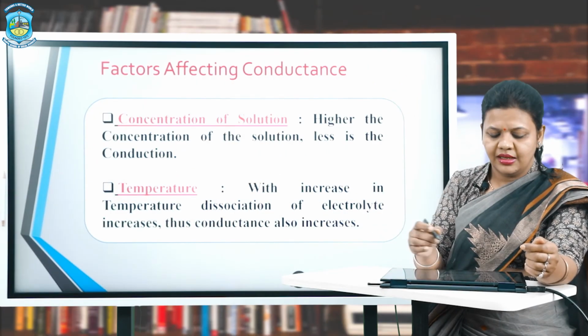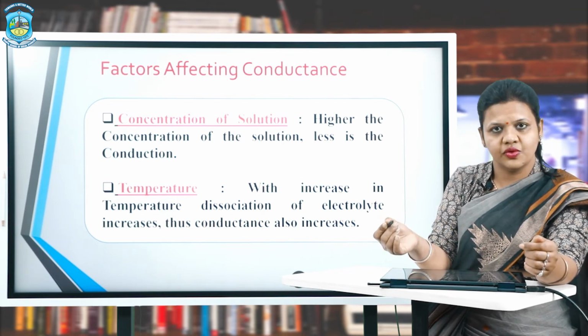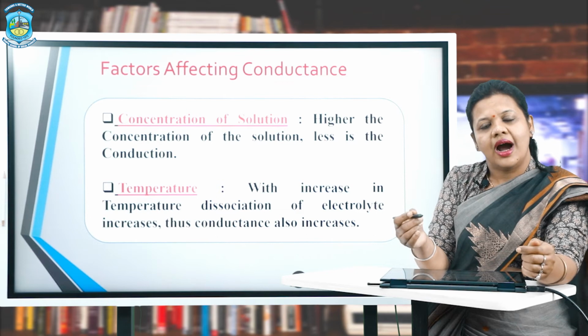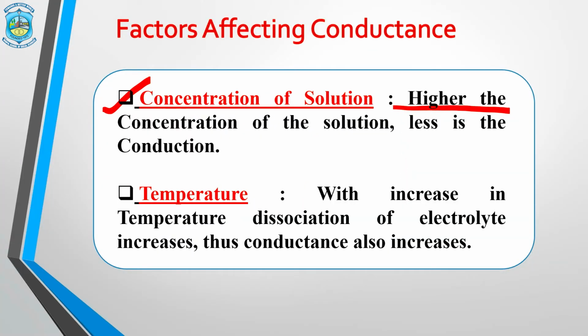Moving further, the next factor is concentration of solution. Higher the concentration of the solution, less will be the conductance, which means that concentrated solutions have more ions and they have less space to move. Therefore, their conductance is less. As we dilute the solution, the volume of the solution will increase and thus conductance will also increase.